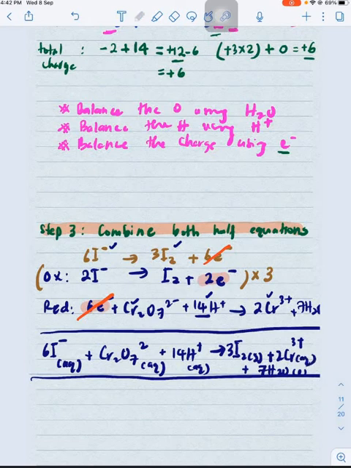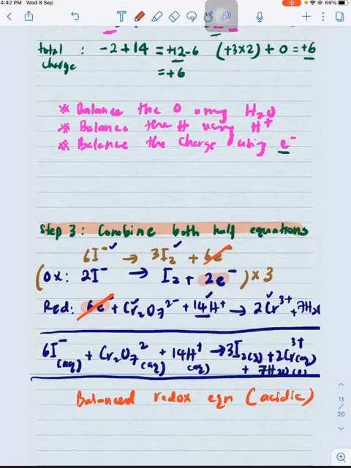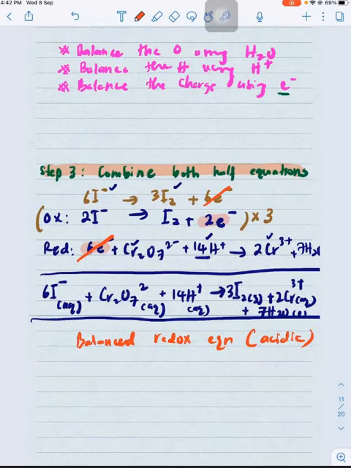So this is what we call as balanced redox equation in acidic medium. Okay. So tips dia kat sini, kalau kita balancekan redox equation dalam acidic, then kita akan nampak ada H plus dalam kita punya balance equation. Okay, boleh faham?